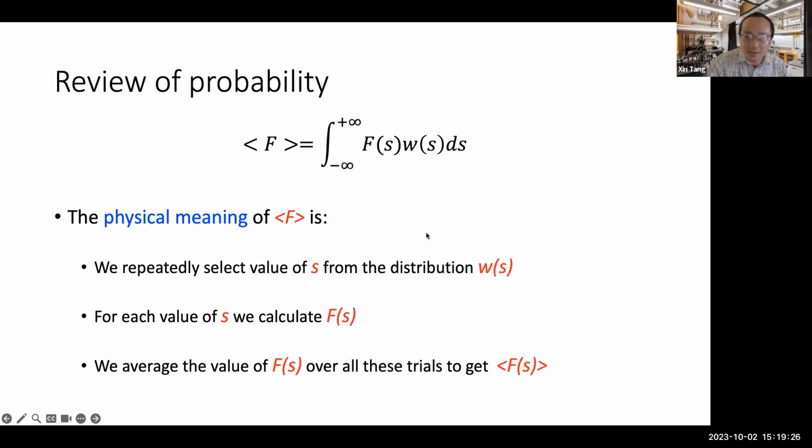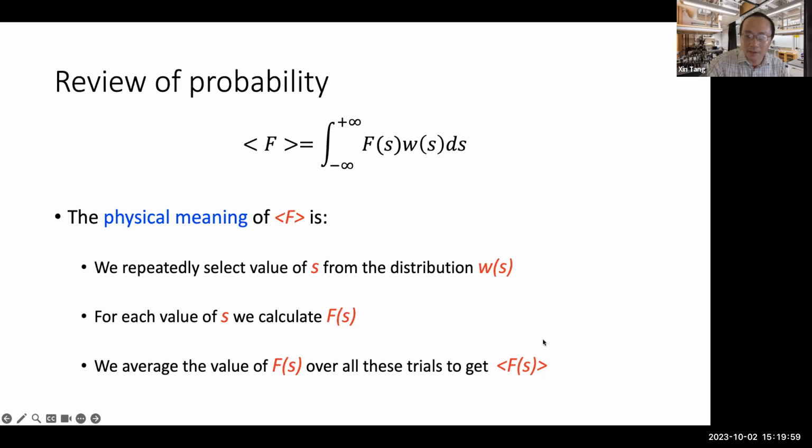For each s, we can put it into the function f(s) and calculate f(s), and that means there are many f(s). f(s) is also a distribution now, and we can integrate them together and get the average value over all those different s, and then we get the expectation value of f(s). So this bracket symbol is very important.